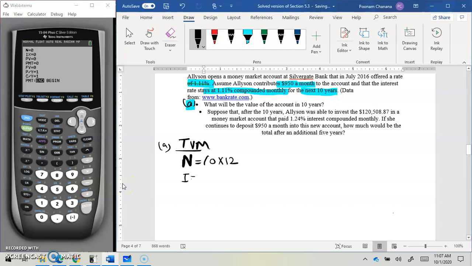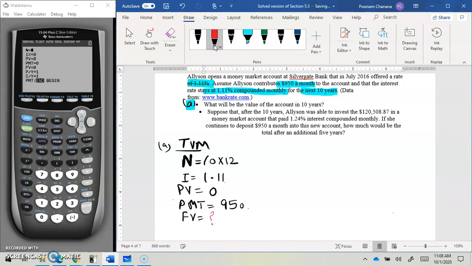What is I? I is 1.11%. So you just type I as 1.11. Present value in her account right now is 0. She doesn't have anything in her account right now. Payment, how much payment she is making? $950 every month. Future value is to be found.